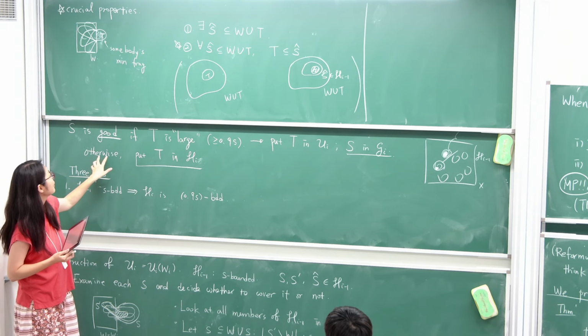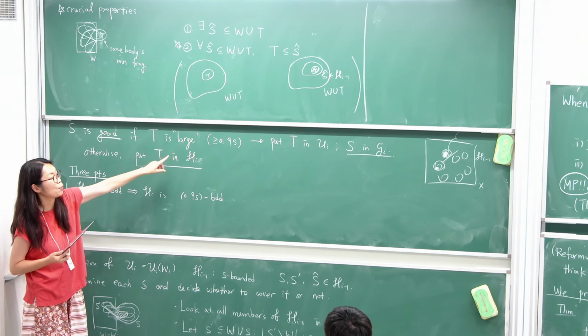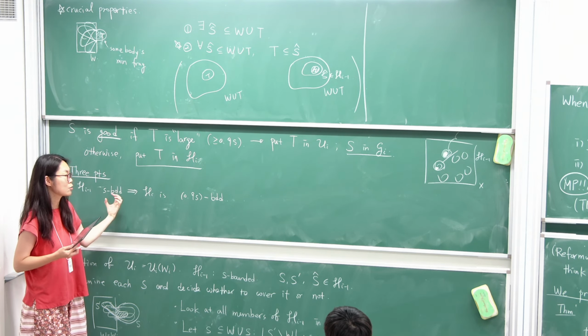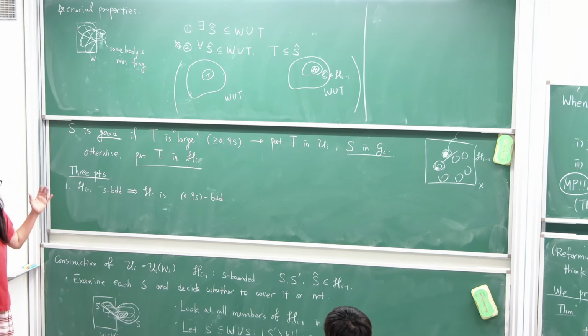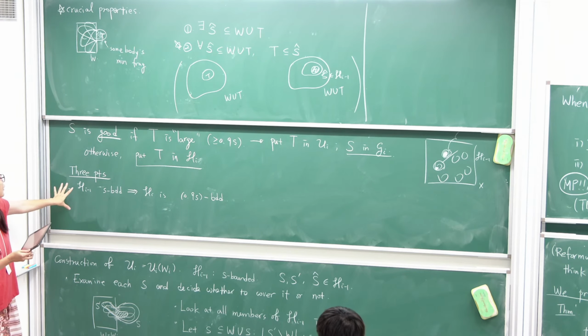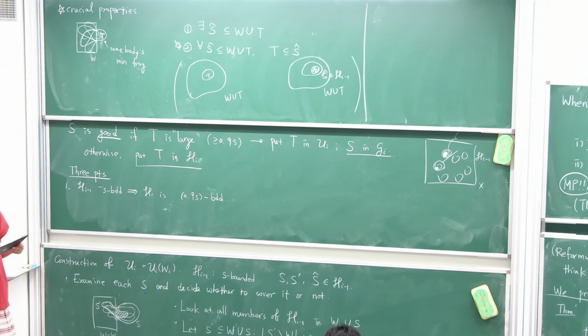And because this case happens when T is smaller than 0.9S, S is replaced by something whose size is at most 0.9S. So always the sizes of hyperedges are getting smaller and smaller. And we need this condition to terminate this algorithm.